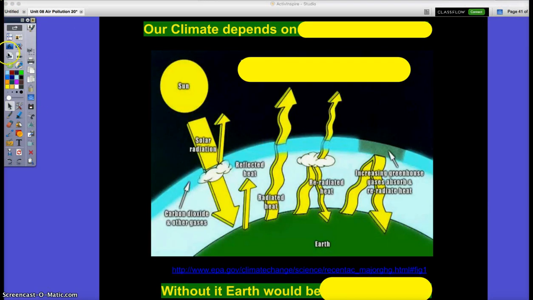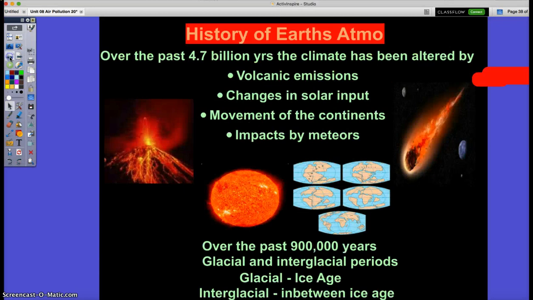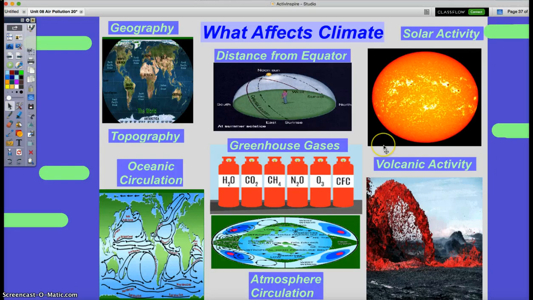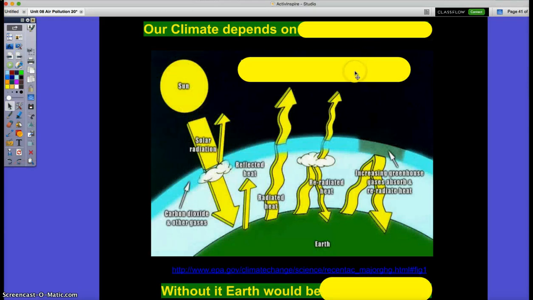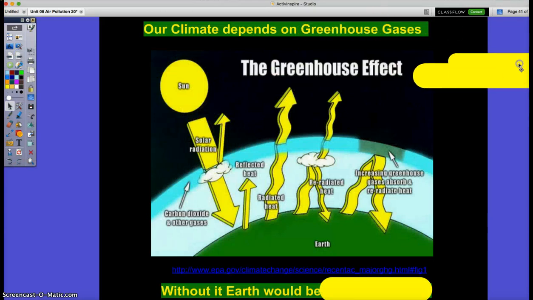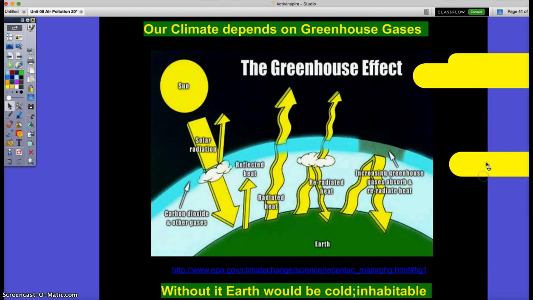So, to go back, everything that I talked about in this slide is naturally occurring. These determine our climate. Greenhouse gases, or the greenhouse effect, actually make Earth a place that we could live in. So without these gases in our atmosphere, which make up how much percent of our atmosphere? 2%.